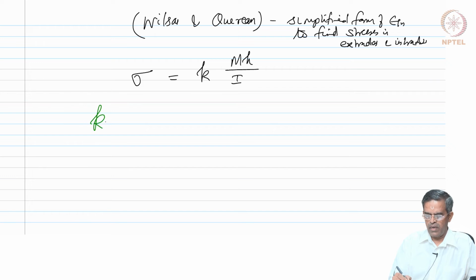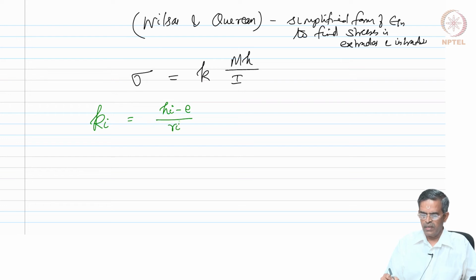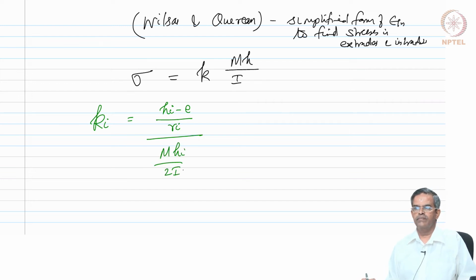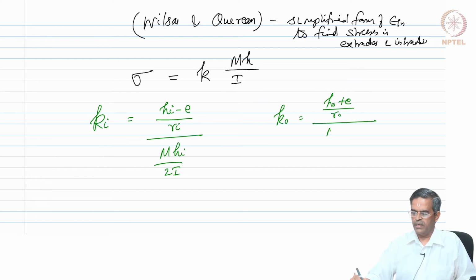Ki is a factor for intrados, which is (hi minus e) by ri divided by m hi by 2I. Ko is a factor used for extrados, which is (ho plus e) by ro divided by m ho by 2I.